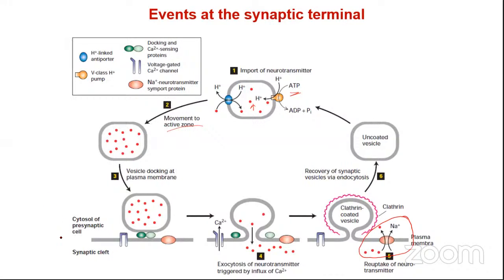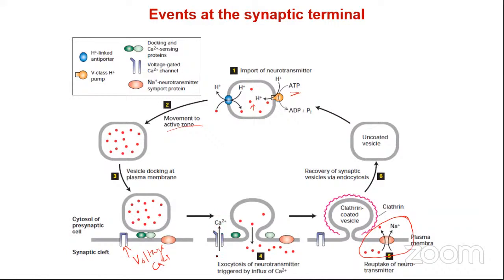What is happening here is that in response to the action potential, that means in response to the depolarization of the plasma membrane, there is opening up of this channel, which is a voltage gated calcium ion channel.